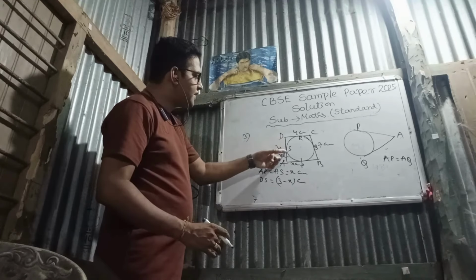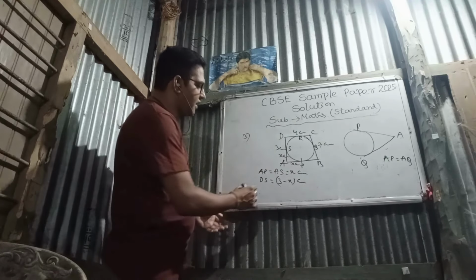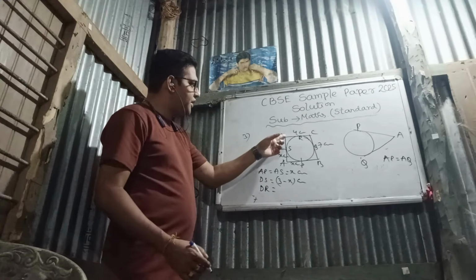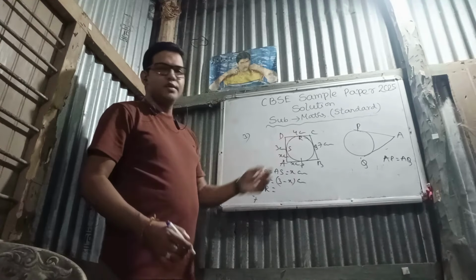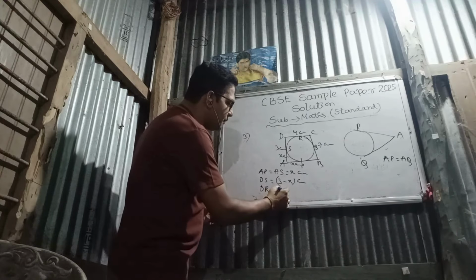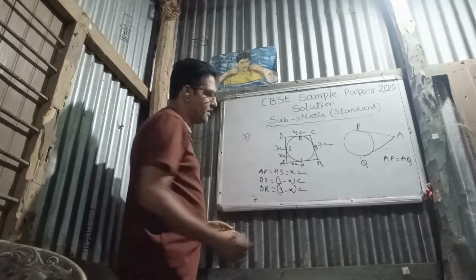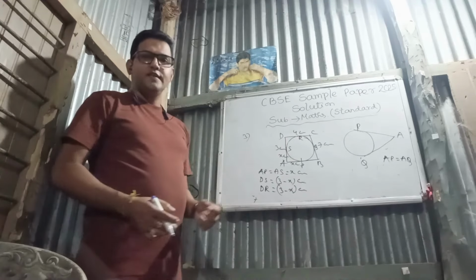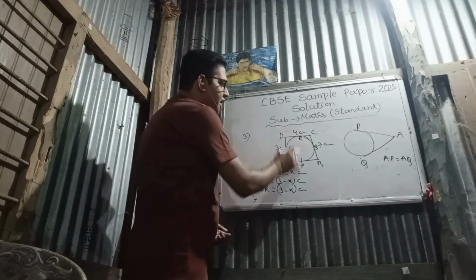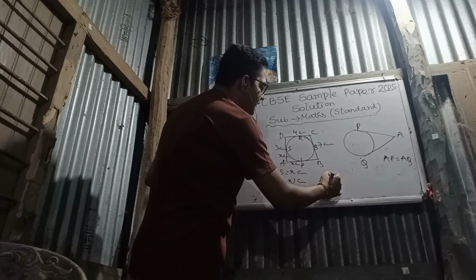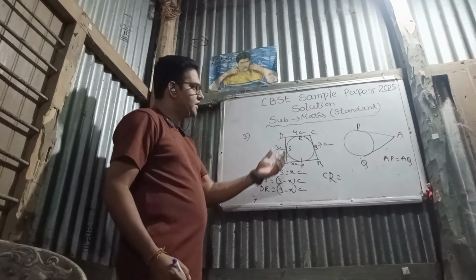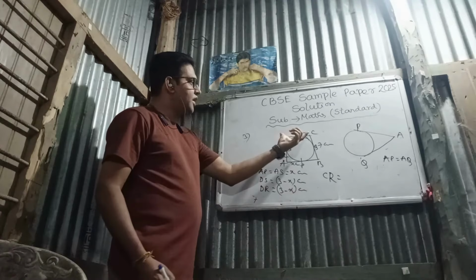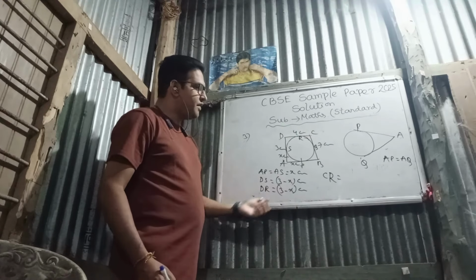Now as DS is 3 minus x, what is DR? DR is also equal to DS, because from D two tangents are drawn, so that becomes 3 minus x centimeter. Now look at the value of CD. CD is equal to 4. So we have DR. What is the value of CR? CR becomes CD minus DR. The total is 4, DR is 3 minus x.